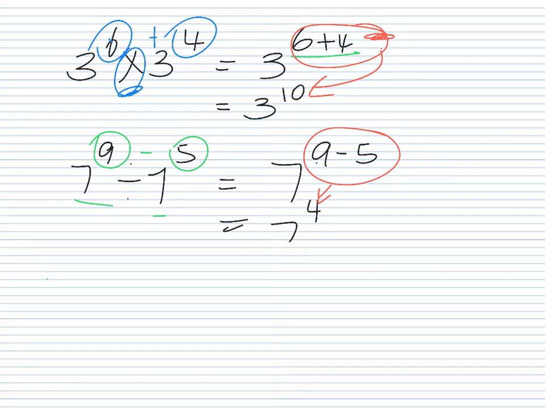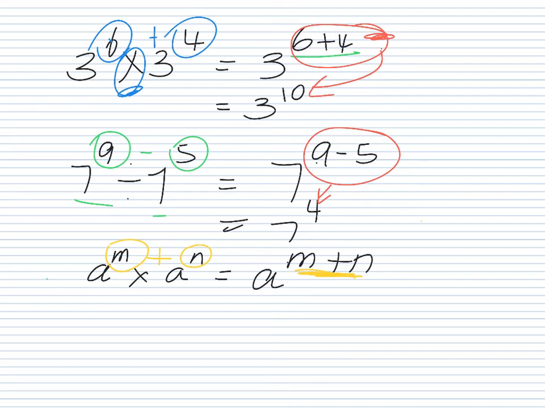So for example, a to the power of m multiplied by a to the power of n, it's a to the power of m plus n.